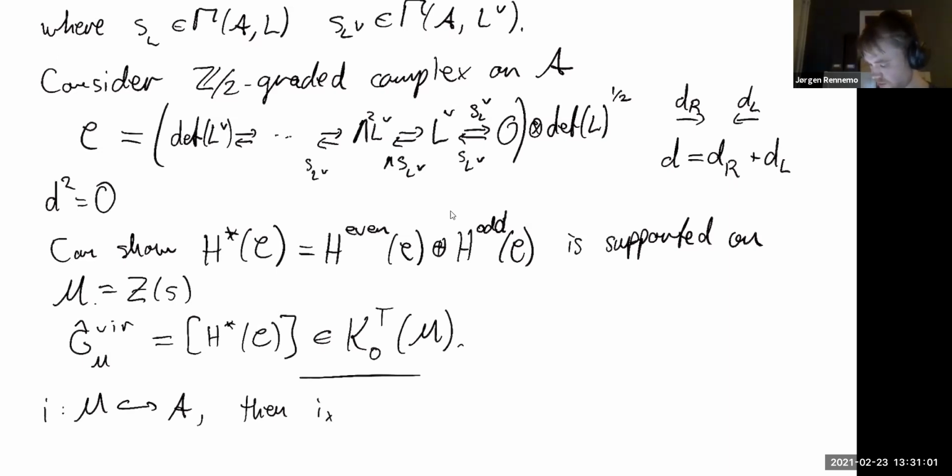So, for instance, the push forward of this thing is the symmetrized wedge power of L dual. Okay, so you might ask, why do you bother writing down this complicated complex when the class itself is just the symmetrized wedge power of L dual?